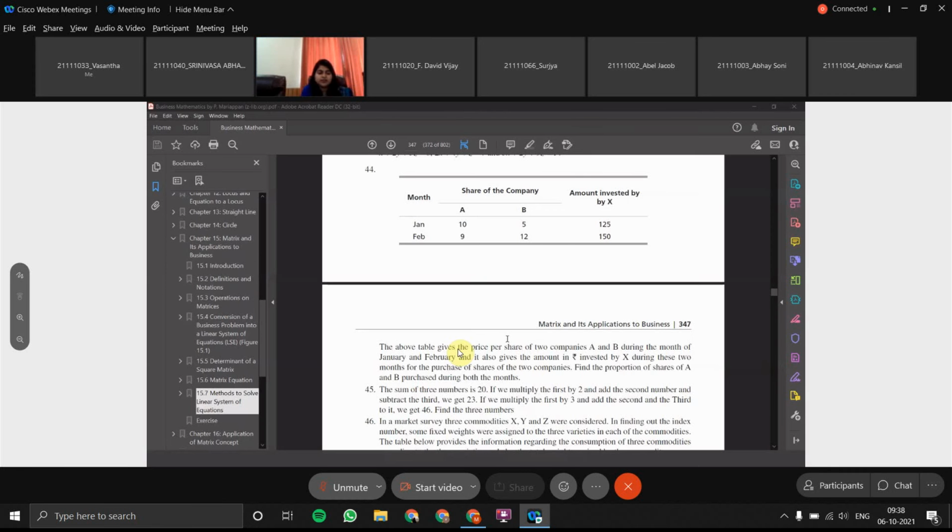The above table gives the price per share of two companies A and B during the month of January and February, and it also gives the amount in rupees invested by X during these 2 months for the purchase of shares of the two companies. Find the proportion of shares of A and B during both the months.